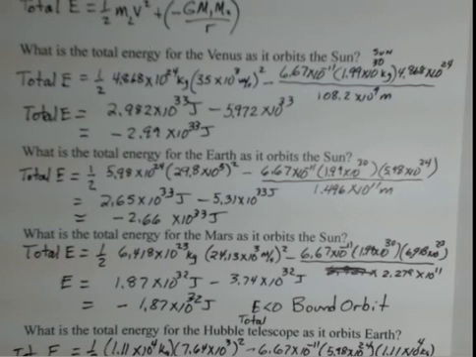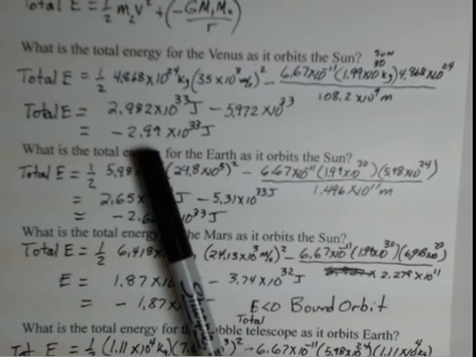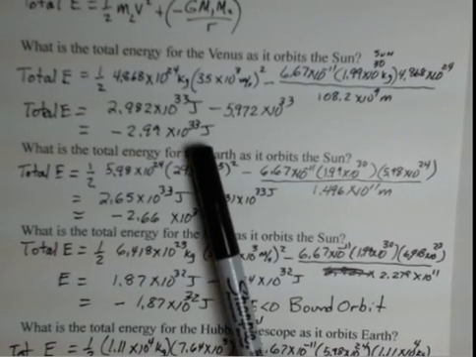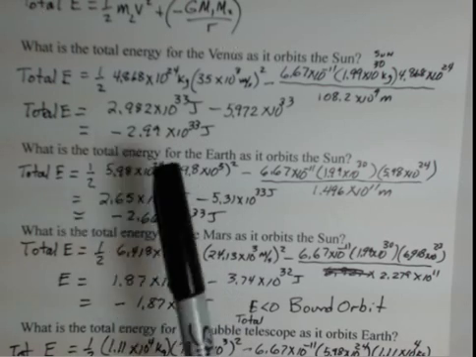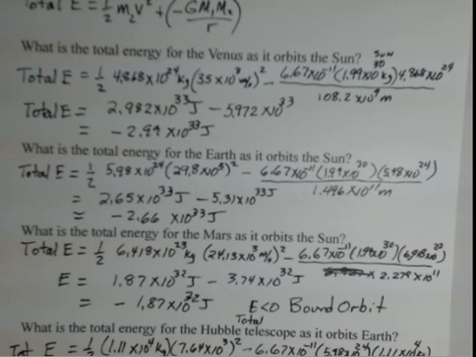If we were going to ionize Venus from the Sun, we would have to supply Venus with 2.99 times 10 to the 33rd joules of energy to get Venus to escape from the Sun. There are 5 spacecraft that have enough energy to leave our solar system: the 2 Voyager, the 2 Pioneer, and the New Horizons spacecraft that flew by Pluto in 2015.